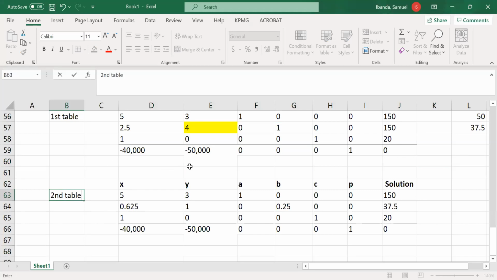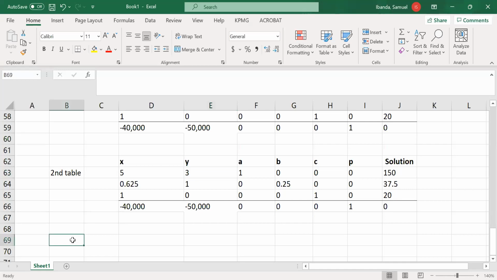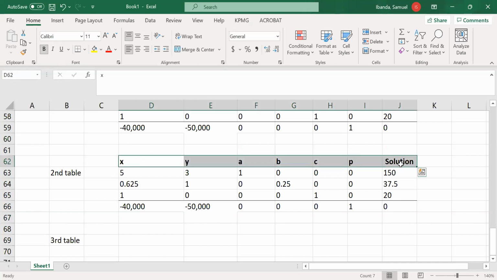Second table. So the next thing I'm going to do is to make sure that since I already have this one as 0, well and good. Now I have to strive to make this also 0. So what that will be, I'm going to do third table. So I'll just pick my heading to be the same.